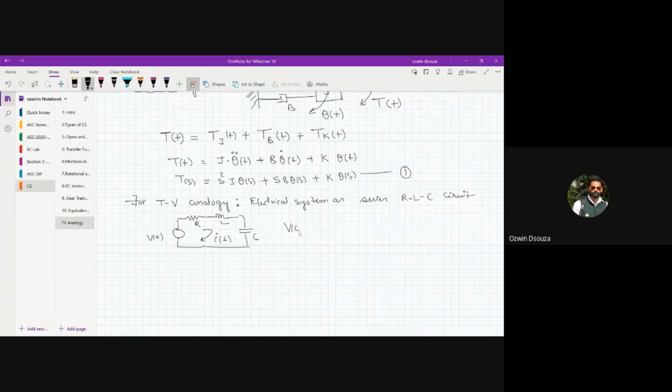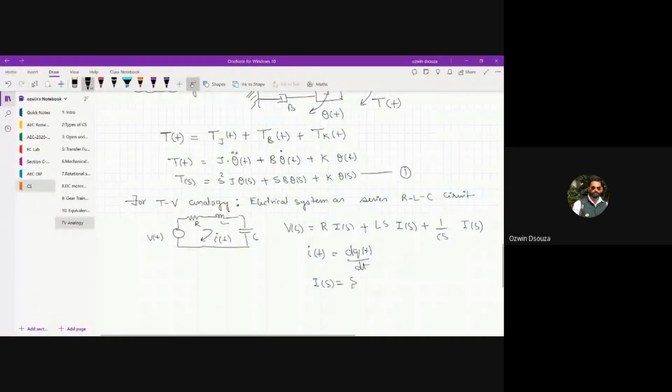What we get is V of s is equal to R into I of s plus Ls into I of s plus 1 by Cs into I of s. And let us consider I of t as dq of t divided by dt, or in Laplace domain, I of s is equal to s into Q of s. Okay, so substitute I of s in equation 2.